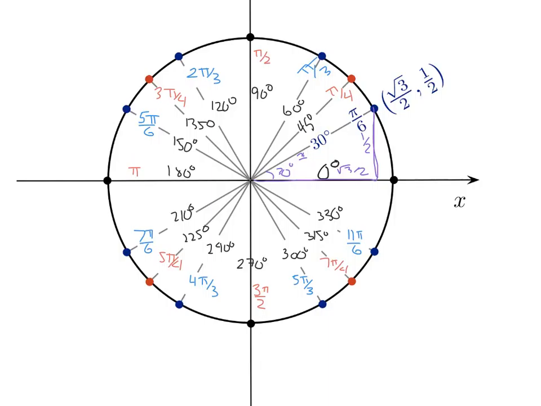Now the question is, how the heck does that relate to right triangle trigonometry? So if you go back to SOHCAHTOA, sine of an angle is the opposite over the hypotenuse. Cosine of the angle is the adjacent over the hypotenuse, right? Using that bitty triangle that I drew right there, what is sine of that angle?